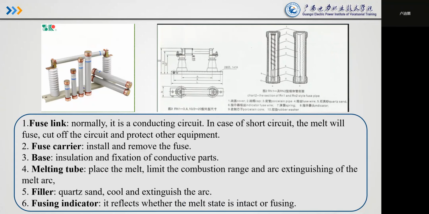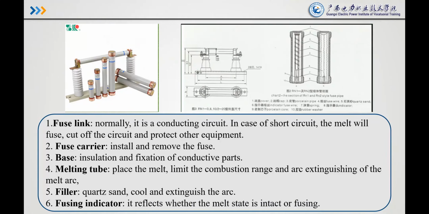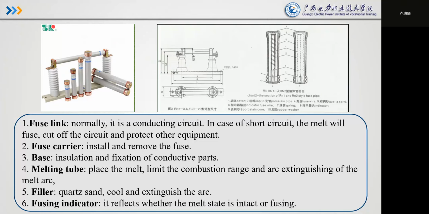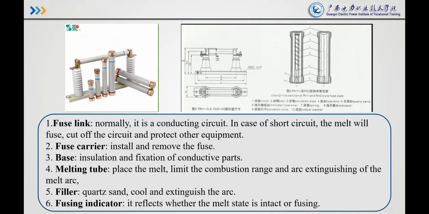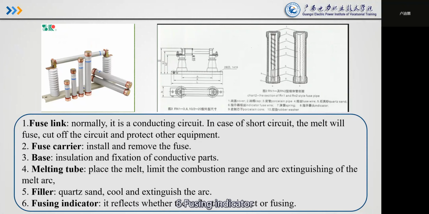Melting tube: places the melt, limits the combustion range, and extinguishes the melt arc. 5. Filler: absorbs heat, cools, and extinguishes the arc. 6. Fusing indicator: it reflects whether the melt is intact or fused.